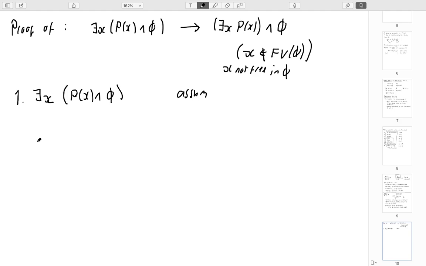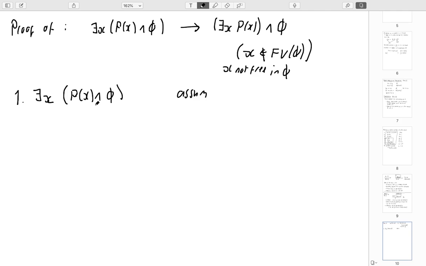So we want to get this formula that there exists x, px, and outside the existential quantification phi. So we're going to have to work with what we've got, which is this existentially quantified formula. So the obvious tool to use is the elimination rule for the existential quantifier.